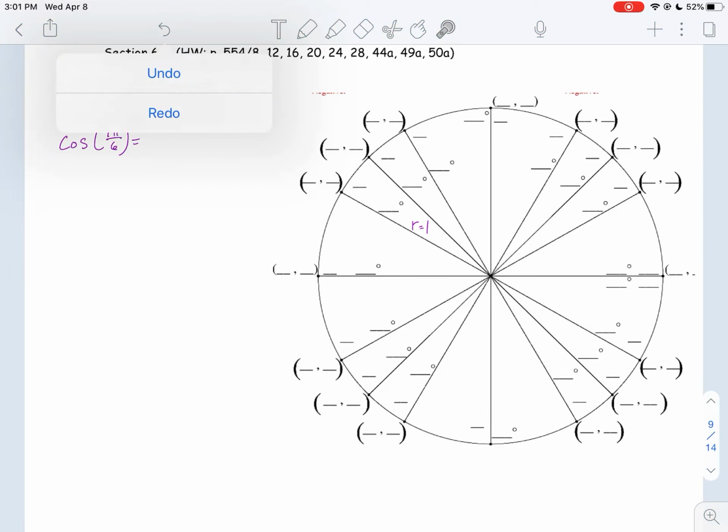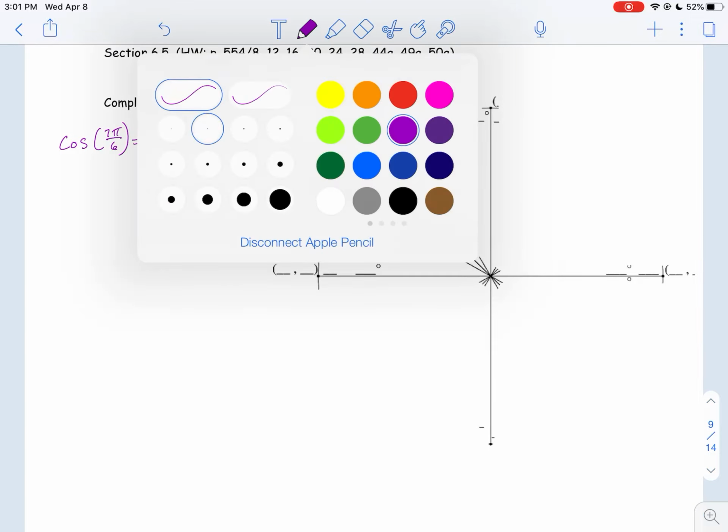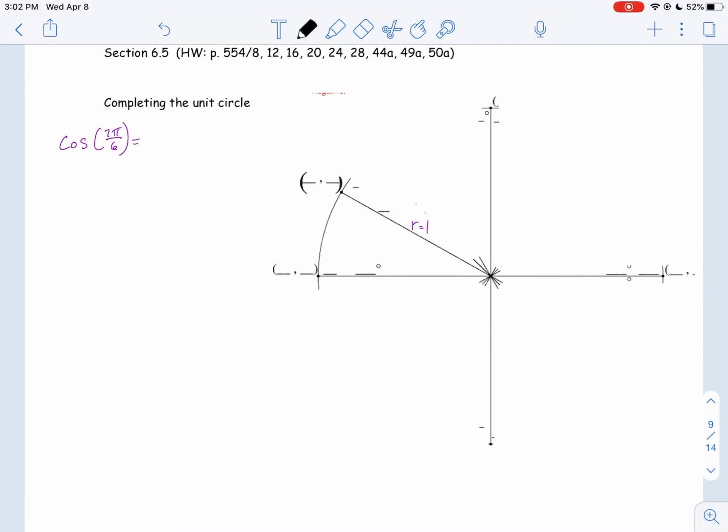So let me get rid of the extra stuff on this unit circle. I just want to look at just the circle here.